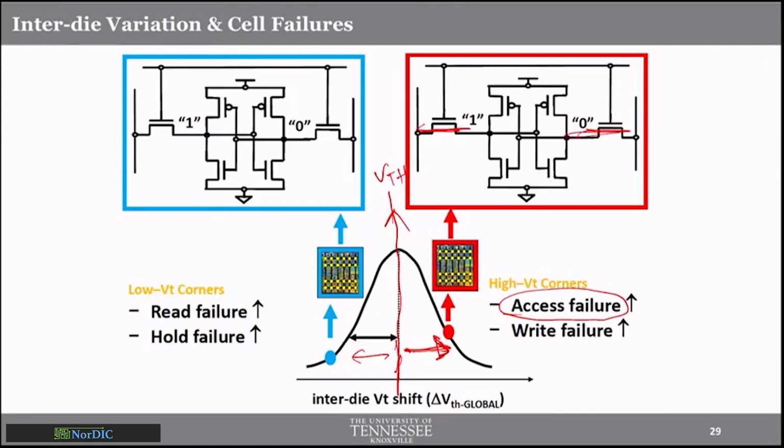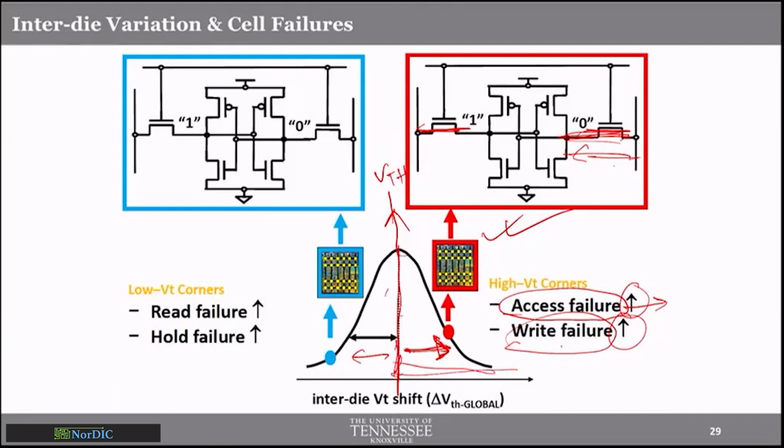So access operation can fail, and you might have greater chances of access failure. Write operation might fail because during write operation you need a stronger transistor. The access transistor should be stronger. If the access transistors have higher threshold voltage, they will be weaker, and you can have write failure. So these are problems with higher VT than usual. And this zone is called the high VT corner.